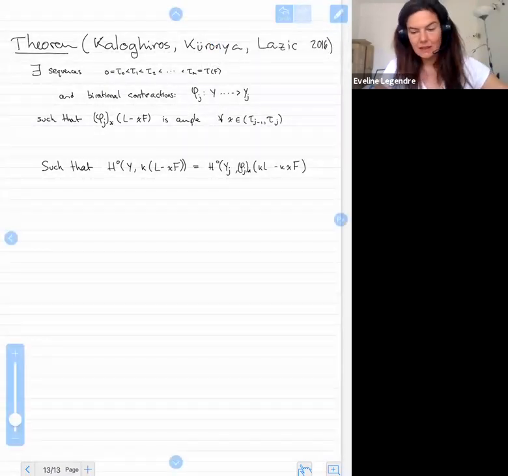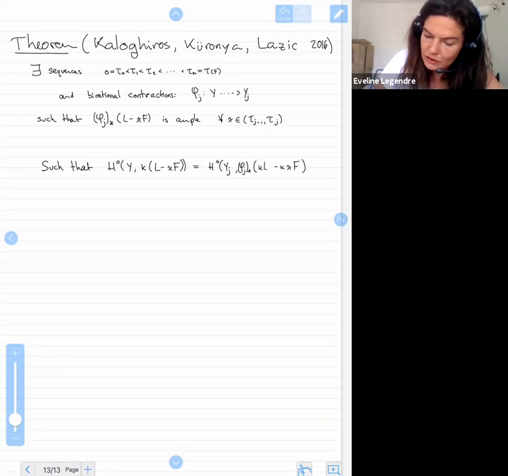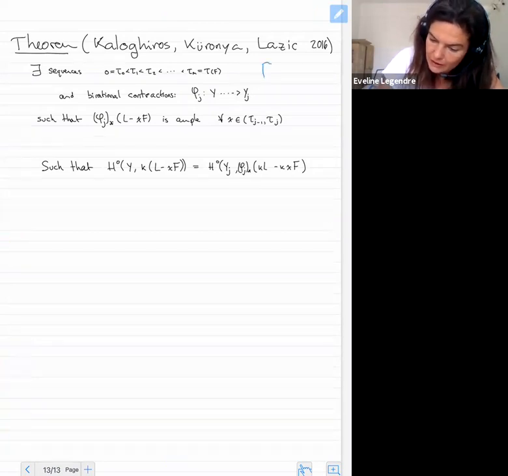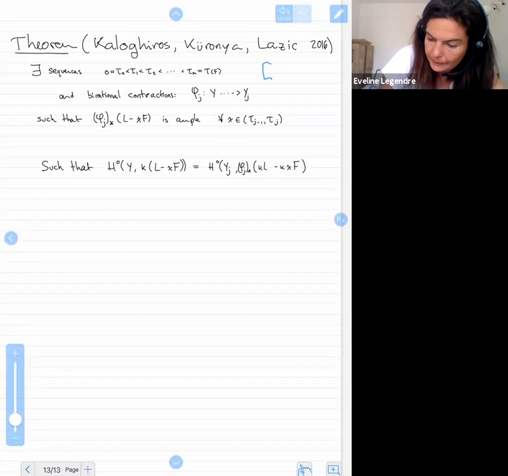So there exists a sequence. What you do is that you break the interval into little segments.